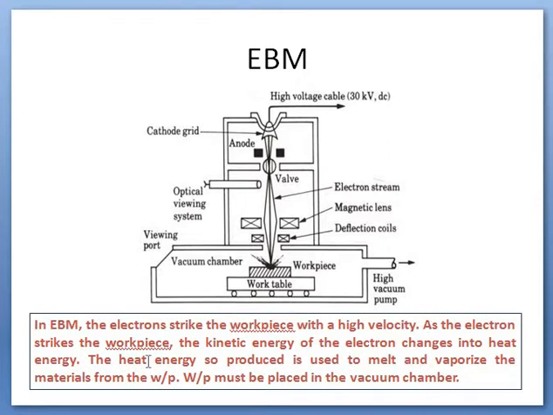As the electrons strike the workpiece, their kinetic energy changes into heat energy, and this heat energy produced is used to melt and vaporize the material from the workpiece. And the workpiece must be placed in a vacuum chamber. That is very important in the electron beam machining process.